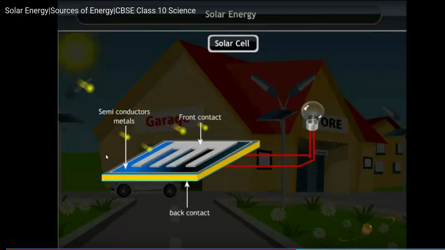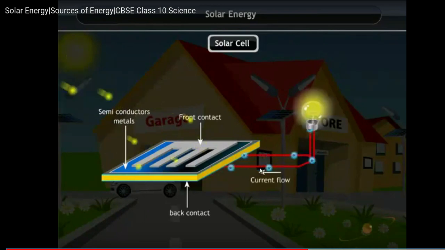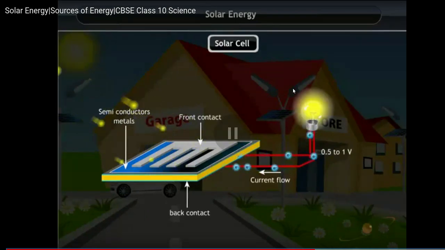These metals, like silicon, are used to create this blue colored plate underneath, with this front contact sheet, and there's a back contact. When the sun's rays fall on it, it causes electricity to flow. The electricity that we can generate from one cell is just about 1 volt.